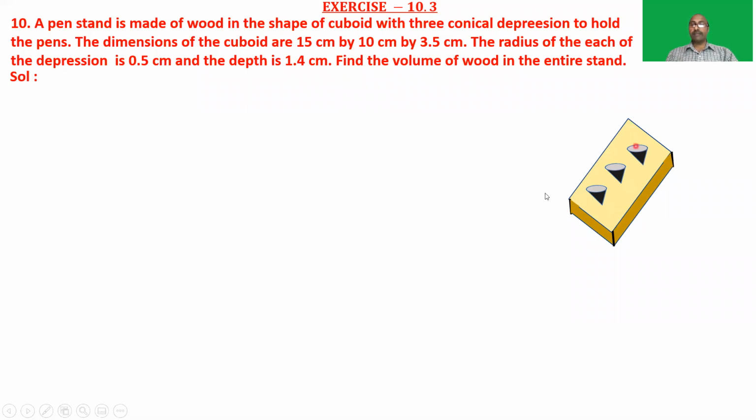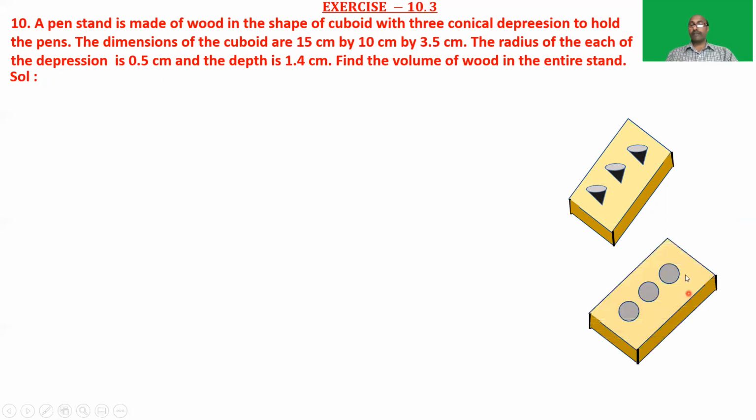And the radius of each conical depression is 0.5 centimeter and the depth is 1.4 centimeters. So after making these conical depressions, what is the volume of wood in this stand? That is the question.